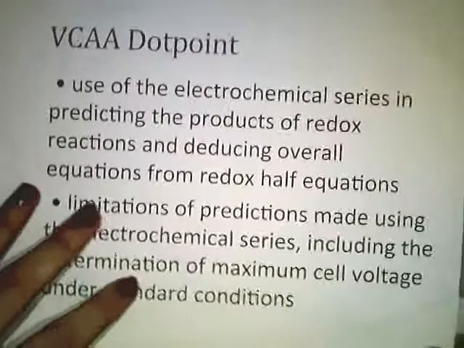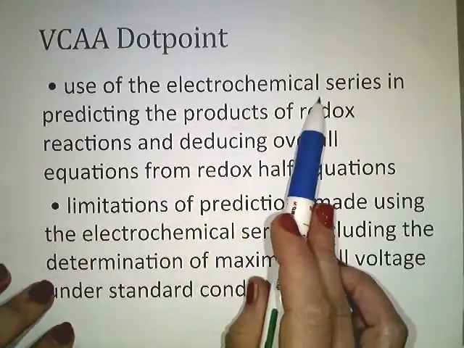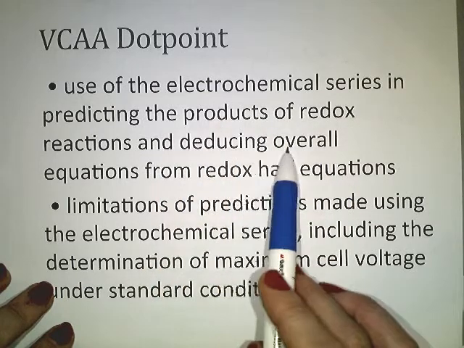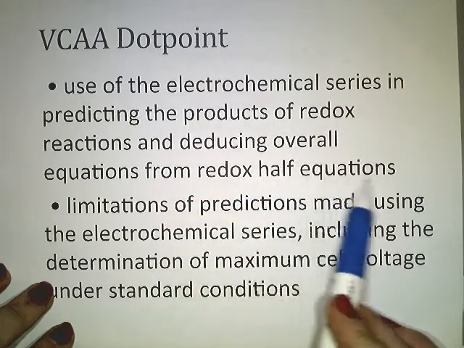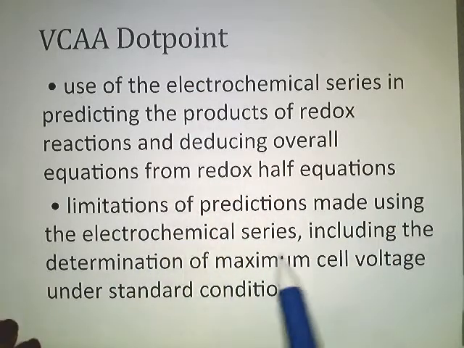So let's quickly revisit the dot point: using the electrochemical series to predict the products of a redox reaction and deduce overall equations from redox half equations. We've also got to look at the limitations and maximum cell voltage.